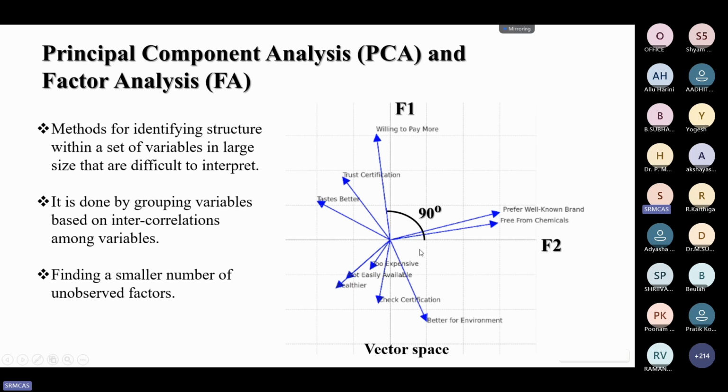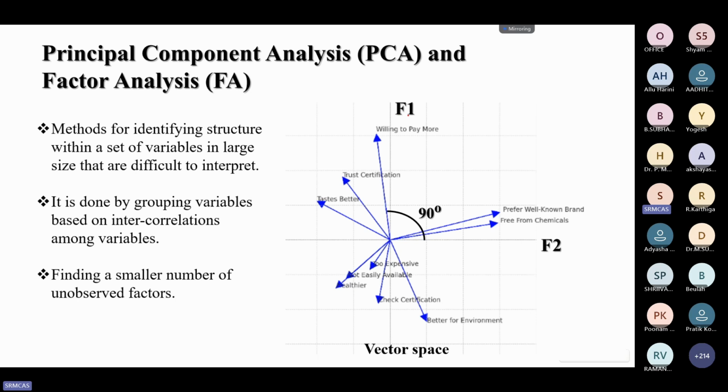Like that, we can also take different metrics or statements regarding the organic food commodity. We can measure the relationship between factor 1 and the respective variables by looking at the angle relative to 90 degrees.